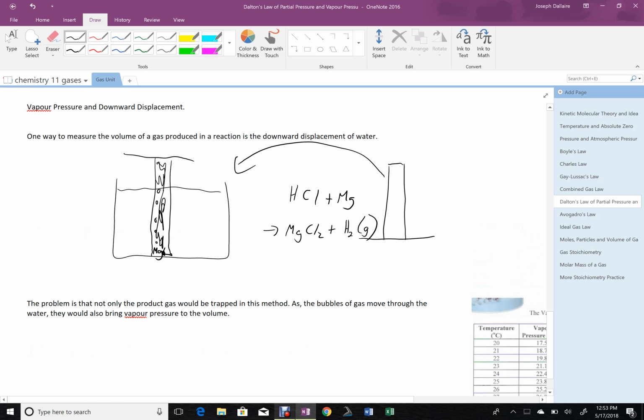Over time, the liquid that is in the container will get forced down by the gas bubbles, and we'll be able to see the volume of the gas produced in that graduated cylinder that's flipped upside down. So by downward displacement of the water, because the gas displaces the water down as it occupies the space up here, we can see how much volume of a gas is produced in that reaction.